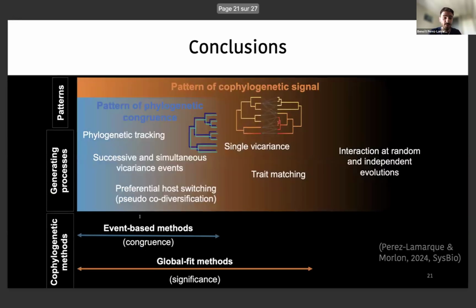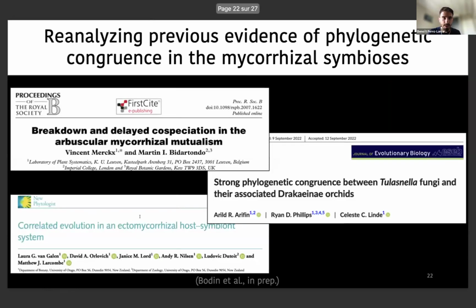And when we run a global fit method and have a significant test, it only means that we have a pattern of co-phylogenetic signal, but we cannot really say what processes are likely to generate this signal, because there is a variety of processes that can explain a pattern of co-phylogenetic signal.